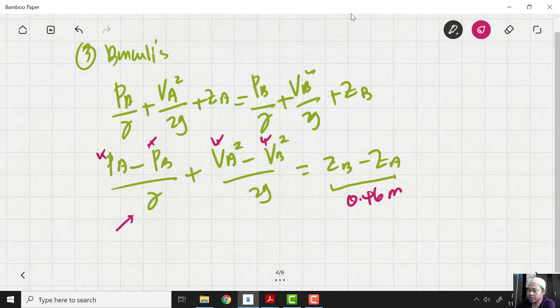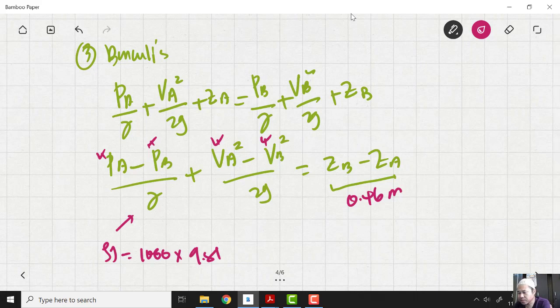Gamma, you can find it using rho g, where rho is 1000, g is 9.81. So how do we find PA and PB? Like I said before, we are using three types of equation: continuity equation, manometer equation, and the Bernoulli equation.